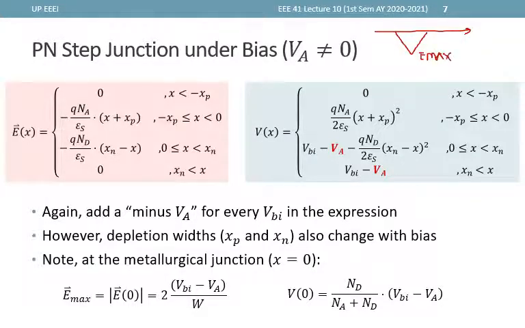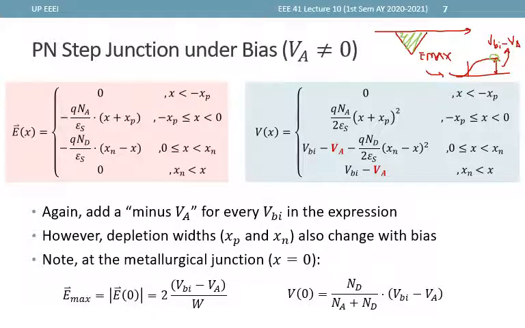And when we integrate that, we get this plot of voltage, where we expect that at the end point, this must be equal to VBI minus VA. However, that maximum portion is the maximum of the integral, and therefore the area of this triangle must be equal to this height right here.